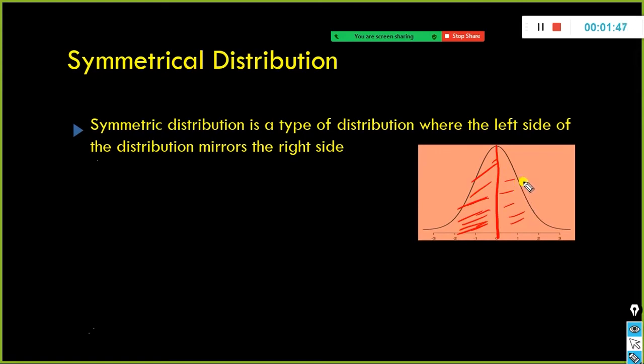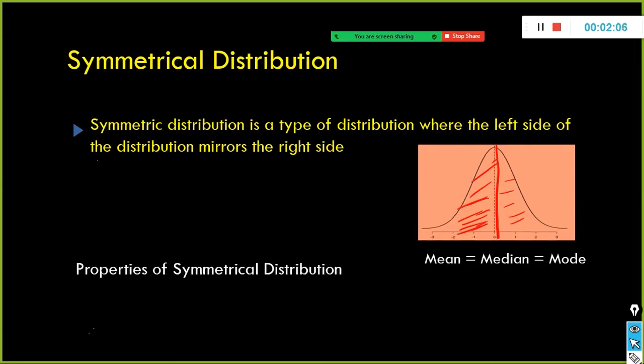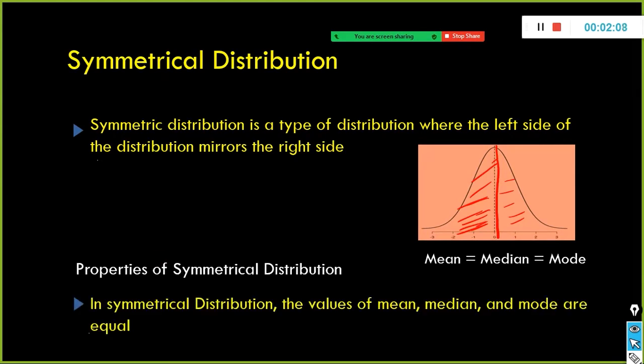In a symmetrical distribution, the left side mirrors the right side. The second thing you need to remember is that the mean is equal to the median is equal to the mode. It is always true. You need to remember these things.